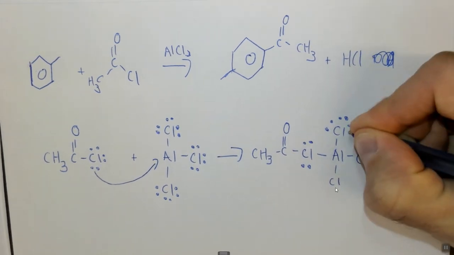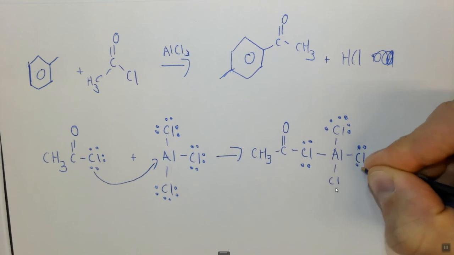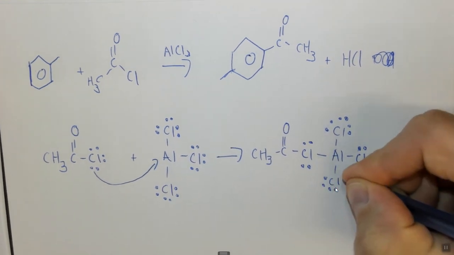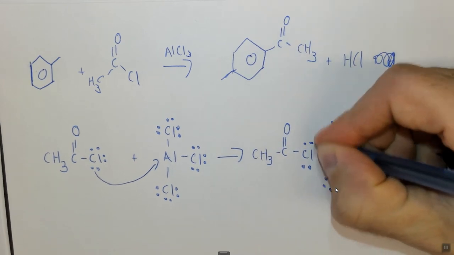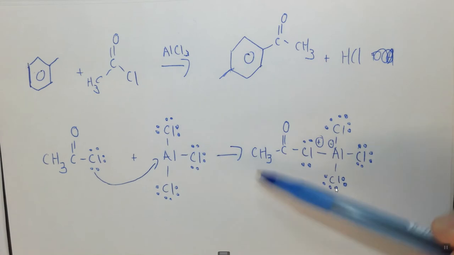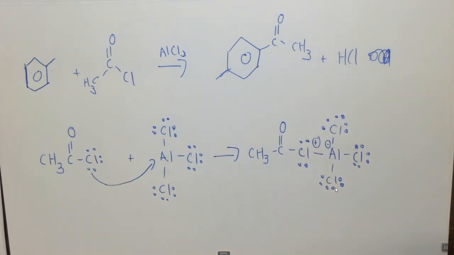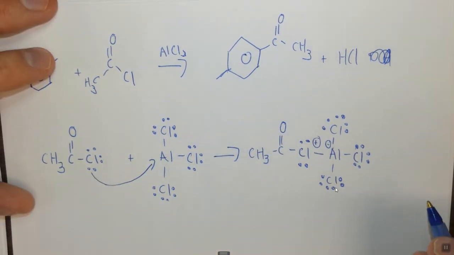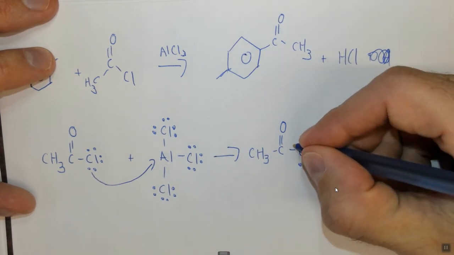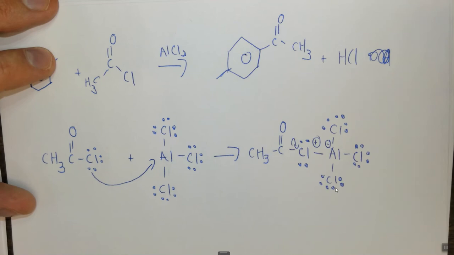And now the aluminum has extra electrons around it, and the chlorine has less electrons around it, so the chlorine is plus and the aluminum is minus, because we added electron density to aluminum, and we essentially took electron density away by sharing from chlorine. So then what happens? This bond here is going to break.